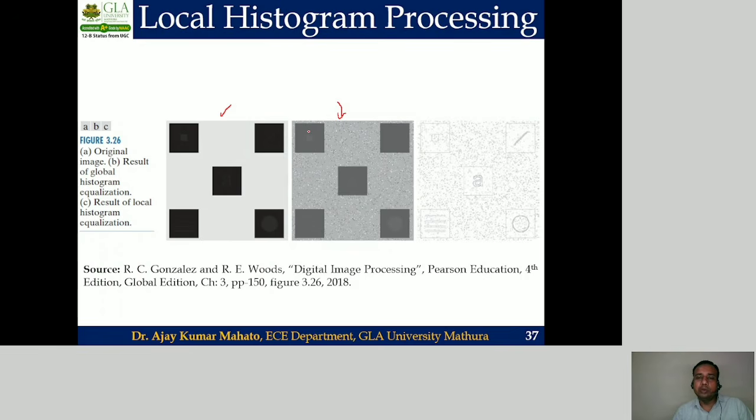So in order to overcome the limitation of histogram equalization, when we apply the local histogram equalization on the same input image, we obtain an output image in which the details written inside these black boxes are significantly enhanced, and now we can easily see the information written inside these black boxes.